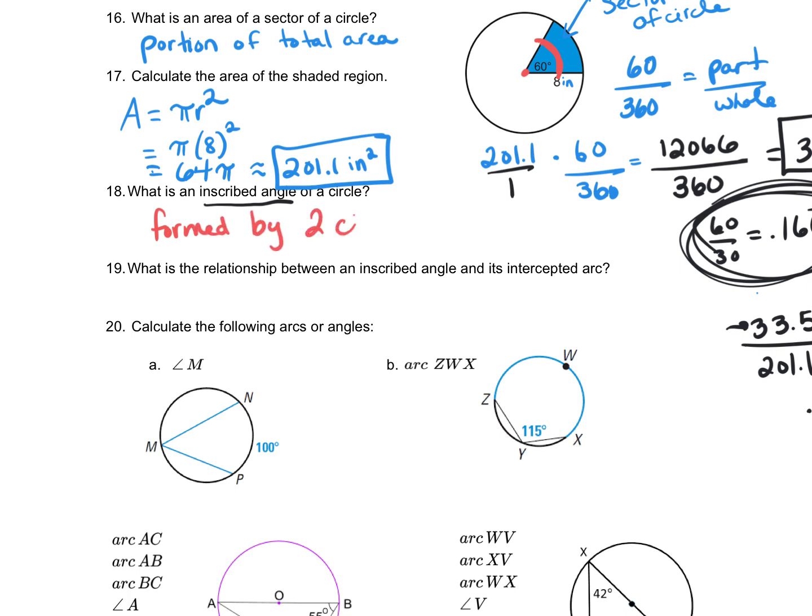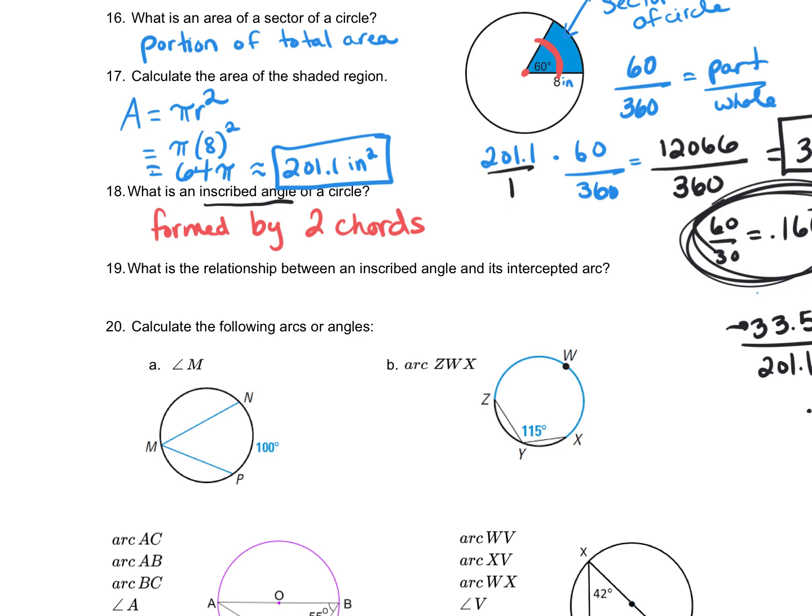by two chords. Now remember, a chord does not go through the center of the circle. A chord just goes from one side of the circle to the other without going through the center.